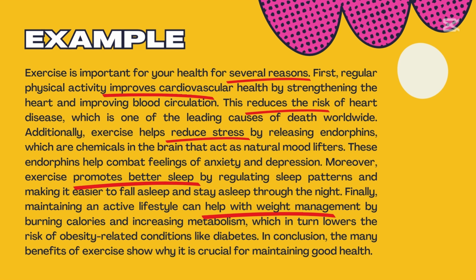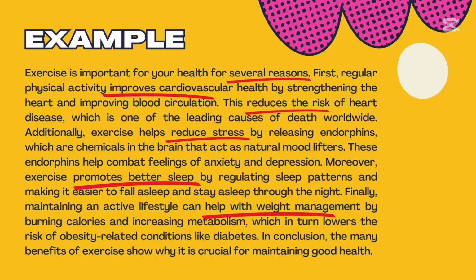And additionally, exercise helps reduce stress by releasing endorphins, which are chemicals in the brain that act as a natural mood lifter. So, these supporting details describe how exercise influences mental well-being by reducing stress and anxiety.